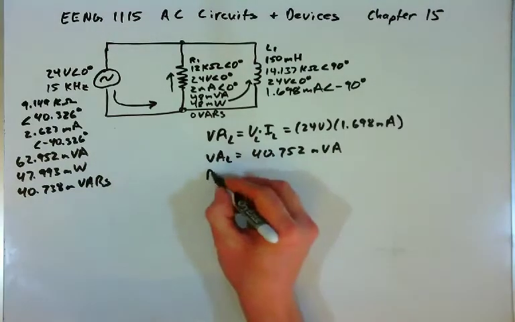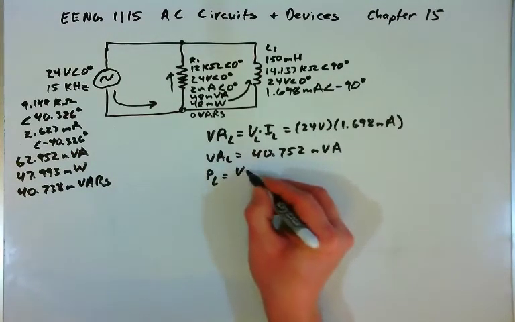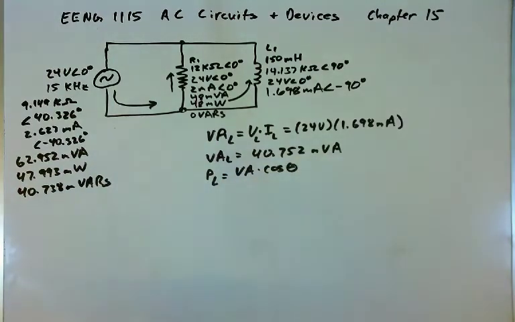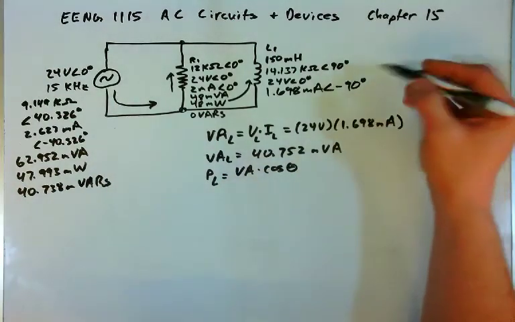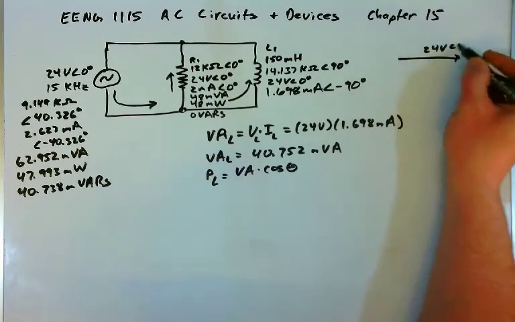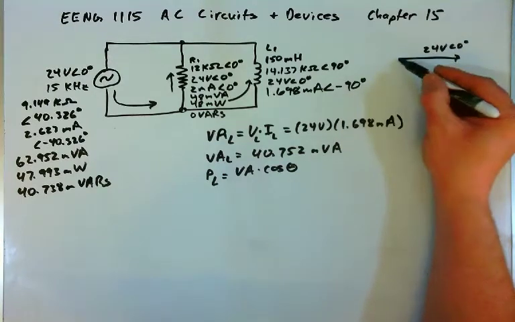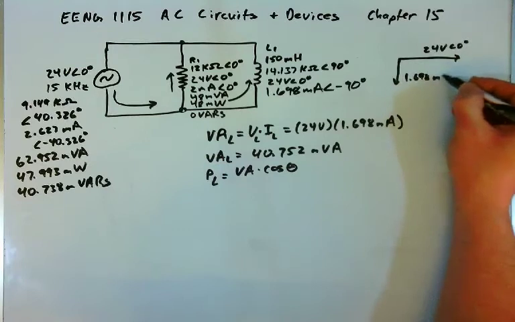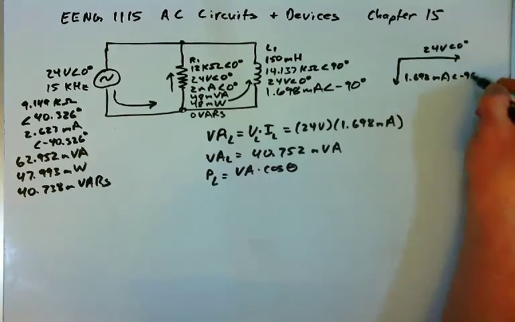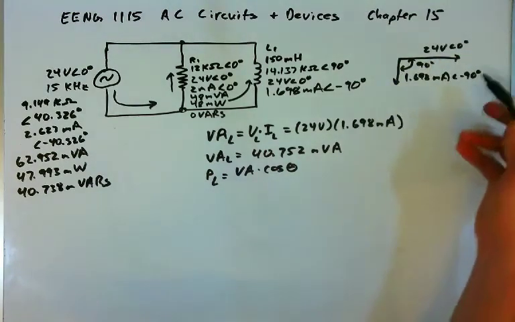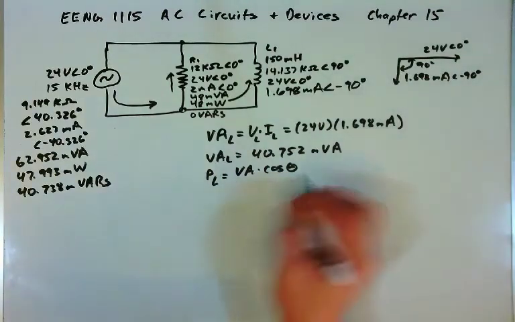Now we can find the power of the inductor, which will be the volt amps times the cosine of the angle between the voltage and the current. We can see that the voltage is 24 volts at 0 degrees, and the current is 1.698 milliamps at negative 90 degrees, and so the angle between them is 90 degrees, the absolute value of that angle.